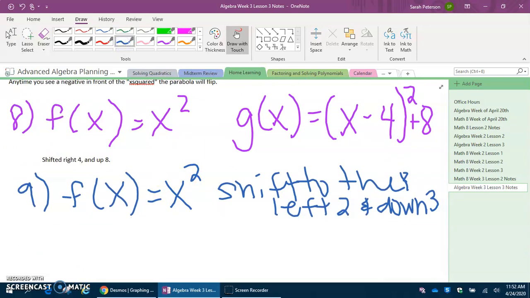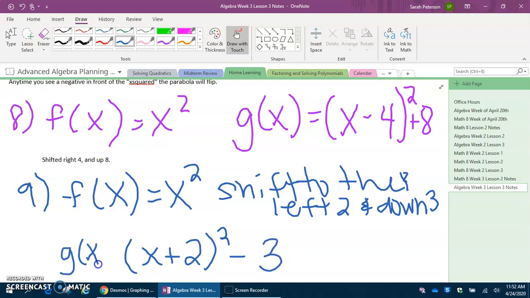If I'm shifting to the left or right, that means I'm going to have something in parentheses. And if I'm shifting up or down, that's going to be added on to the side. So if I want to shift to the left 2, I'm going to do plus 2, because remember it's opposite. And then down 3 is going to tell me I have to do minus 3 on the outside. So this might be my transformed function with a vertex of negative 2, negative 3, and that would be shifted left 2 and down 3 from that one.